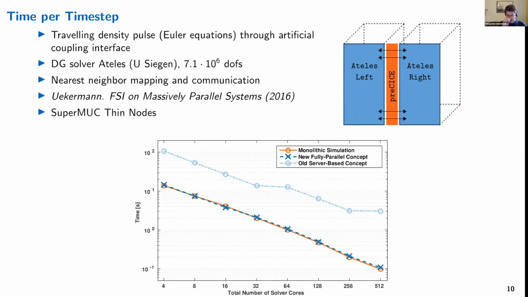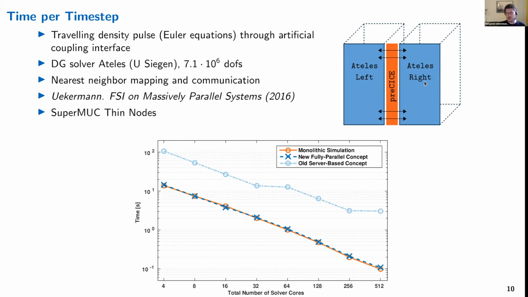So let's look at an example. This is already a bit older, from 2016. Here we took a cubic domain where we solve the Euler equations, and we have a density pulse that travels from one side here to the other side.